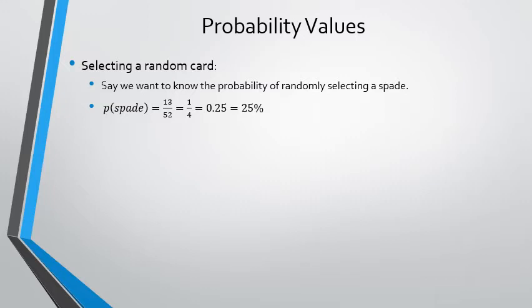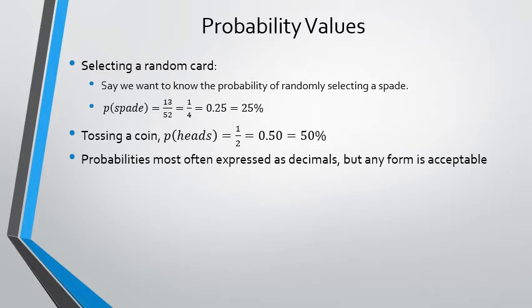You could also write it as 0.25 or 25%. The probability of tossing a coin and getting heads would be 1 out of 2. Oh, 50-50 chance, right? 50% chance it's going to be heads, 50% is going to be tails, or you could write it as 0.50. Probabilities are most often expressed as decimals, but really any of these forms is acceptable.